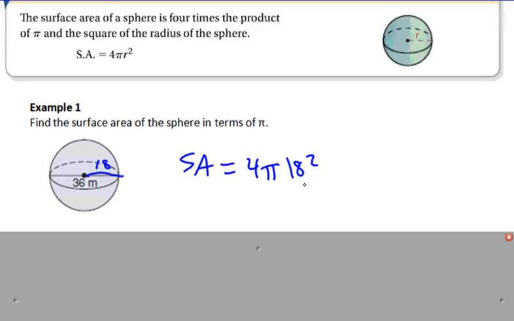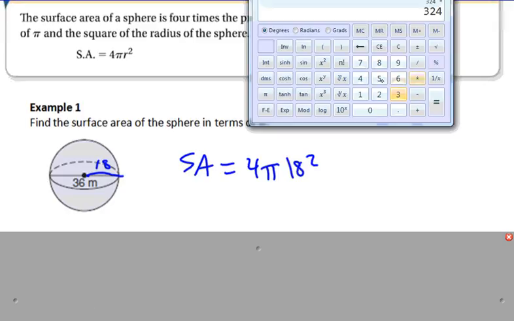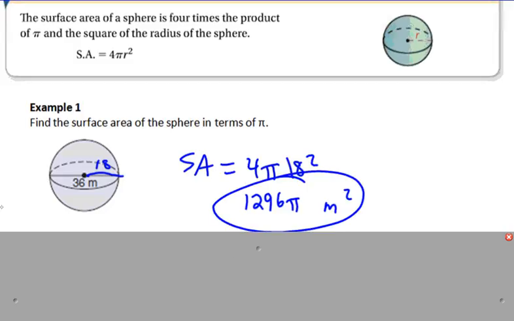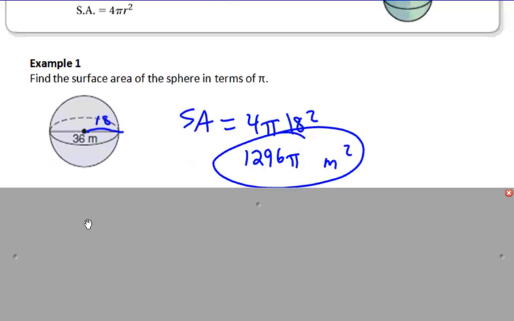It ends up being 324, and then 324 times 4 gets me 1296. So 1296 pi meters squared, because you're dealing with surface area. That's how you find the surface area of a sphere.